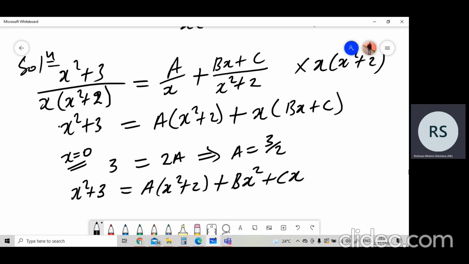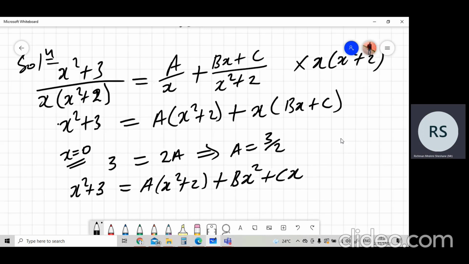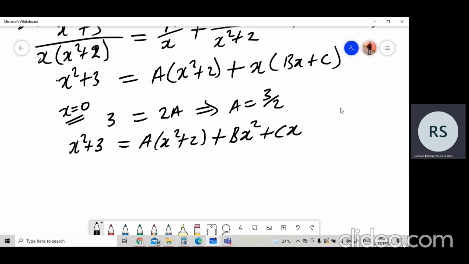Now from this expression, we see the coefficients of x, so we just equate the coefficients, starting with the highest power, which in this case is x squared. Highest power of x is 2, x squared. So the coefficient of x squared is 1.